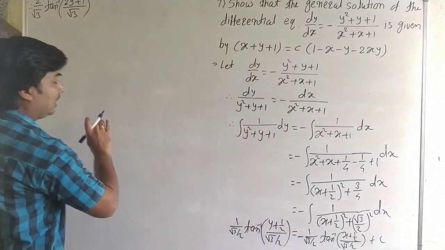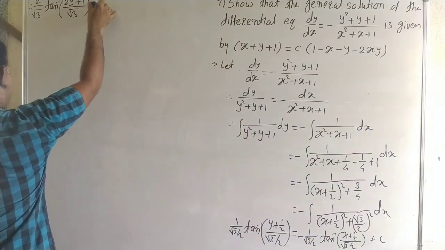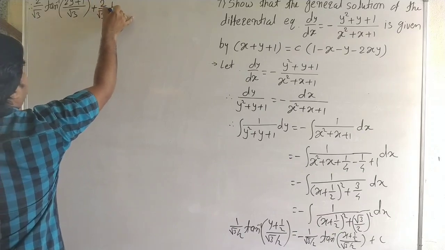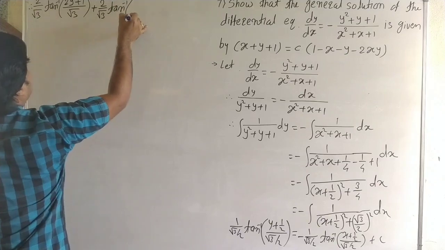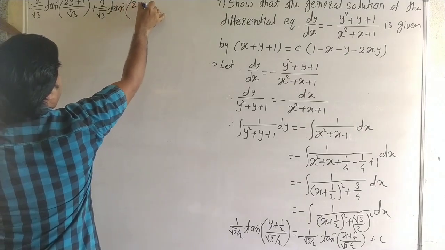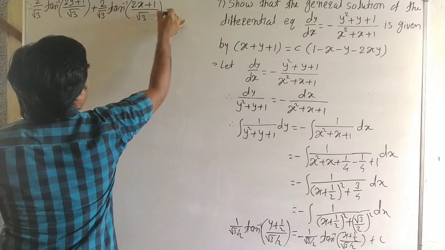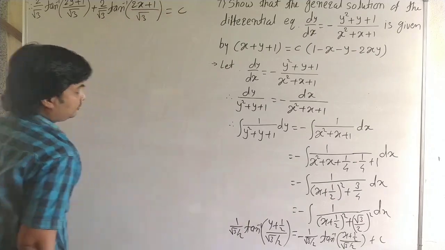We can write on the LHS plus 2 upon root 3 tan inverse 2x plus 1 upon under root 3 is equal to the constant, it is c.